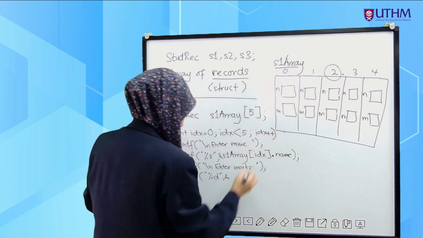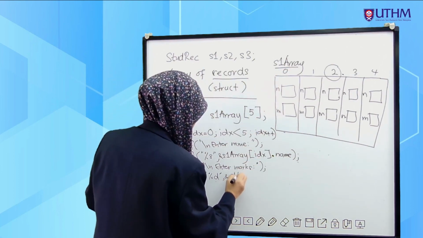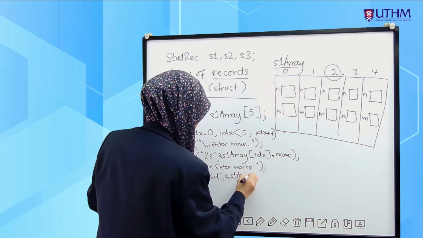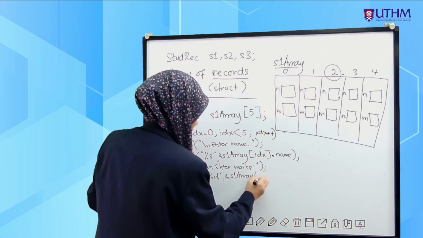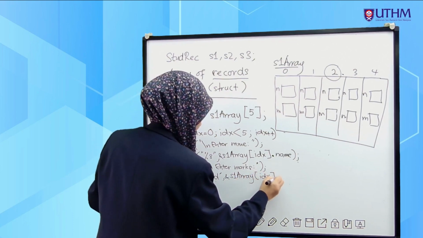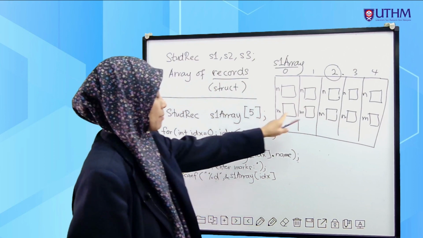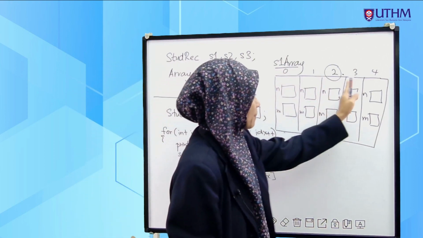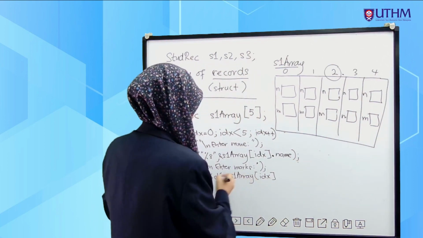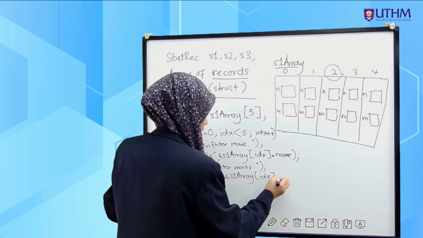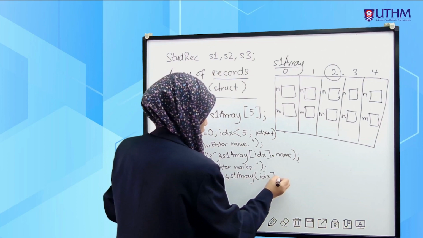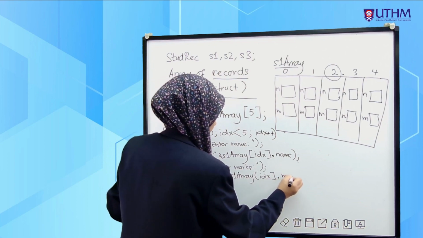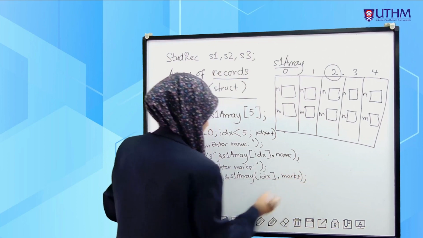We refer to the array name as s1_array. Then we have to keep track of the index as well, because each mark is located inside the respective index. So address of s1_array index dot, the member name is marks.